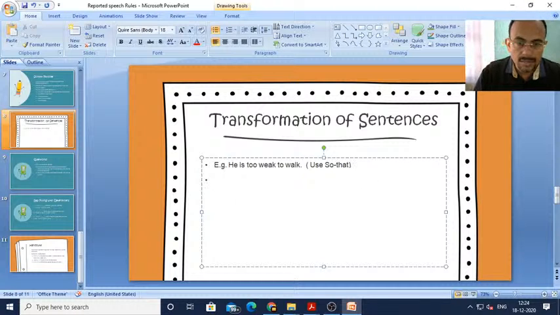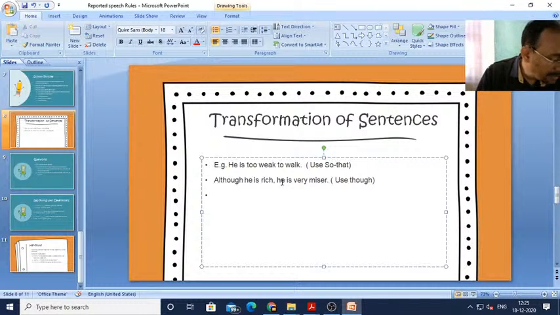Another pattern will be like for example, although he is rich, he is very miser. Okay, so here use though. You are asked to write with though like this.